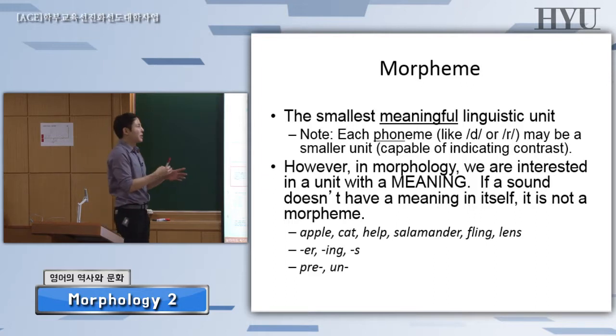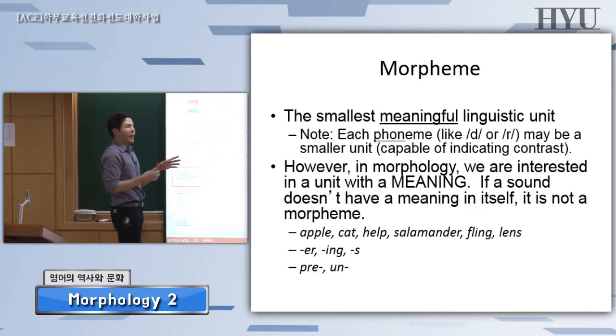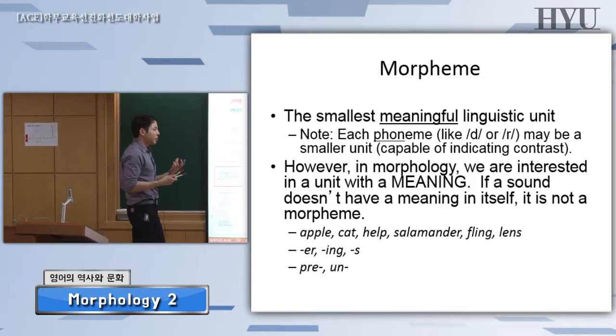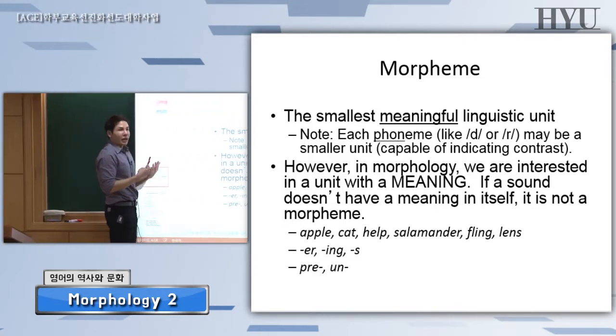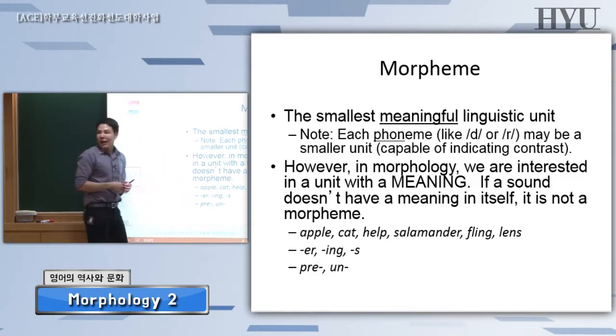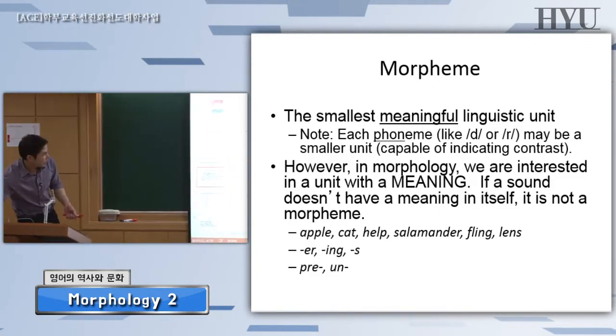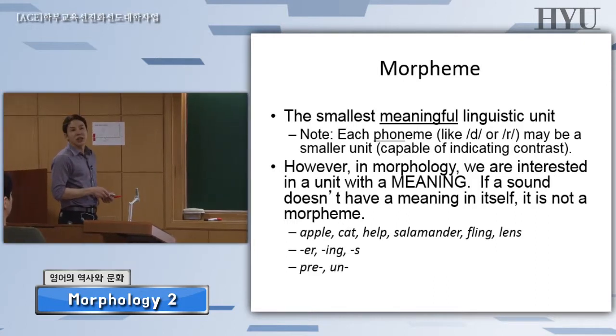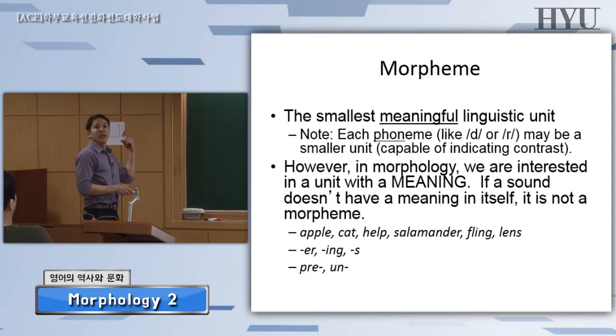A morpheme is the smallest part of the word that has a meaning, okay? And the meaning could be anything. Could be grammatical meaning, like S, or ER, or ING, like that, okay? It doesn't even have to be a syllable.